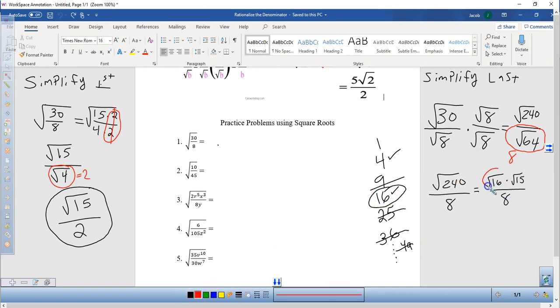Yet again, we know something about the square root of 16. That's 4. And I know something right here: these can both be divided by the number 4. That's 1, that's 2. So this leaves me with the square root of 15 over 2, which is the same answer that I got over here.